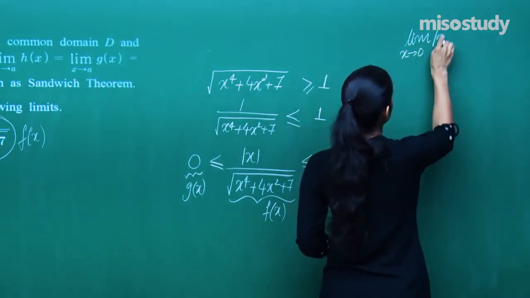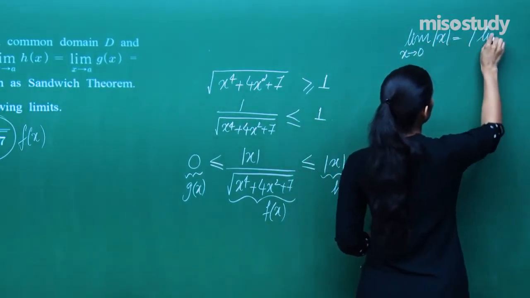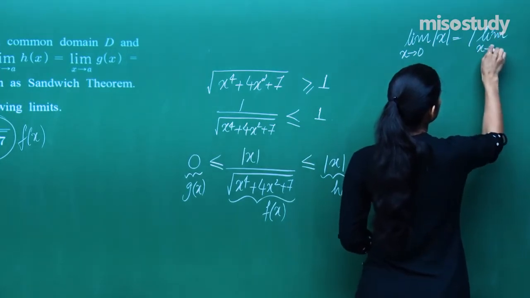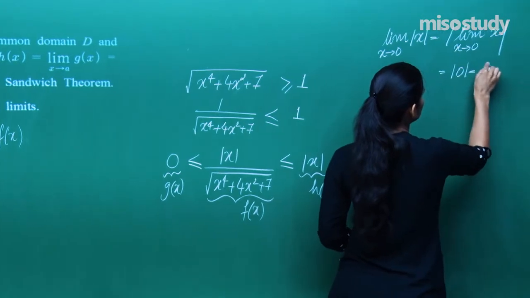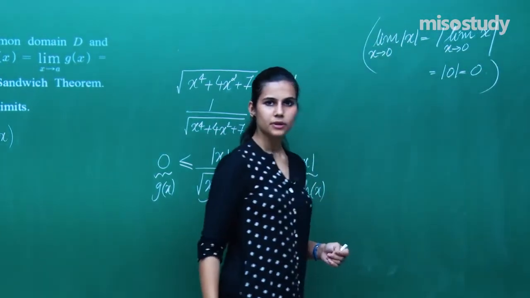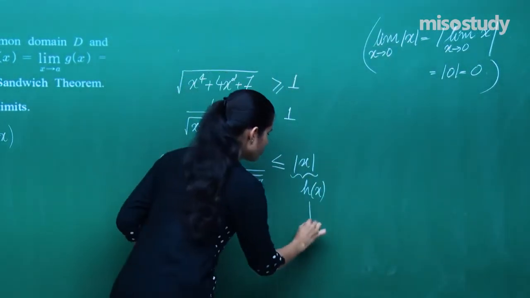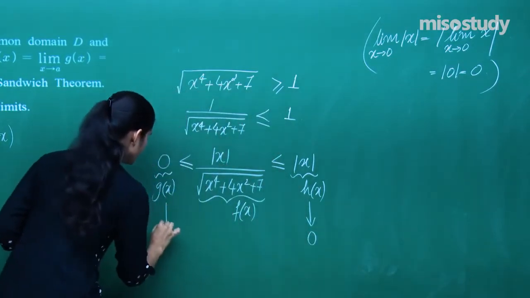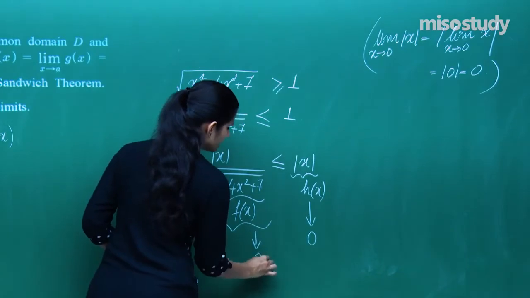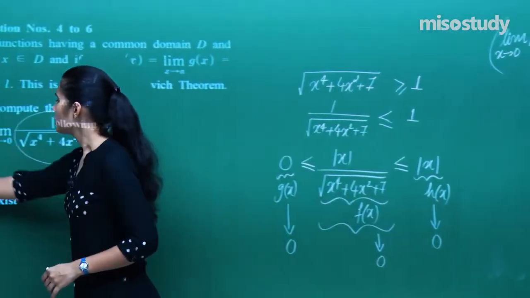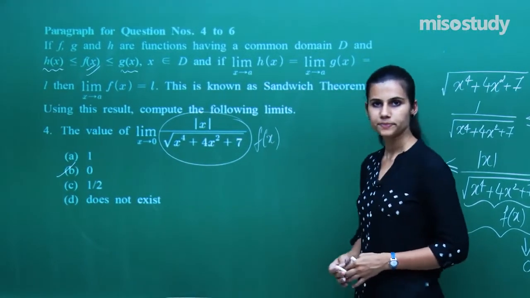Limit x tends to 0 of mod x is mod of the limit x tends to 0 of x, which is mod 0, which is 0. So this approaches 0, this approaches 0. By the sandwich theorem, even this approaches 0 as x approaches 0. So the limit is basically 0.